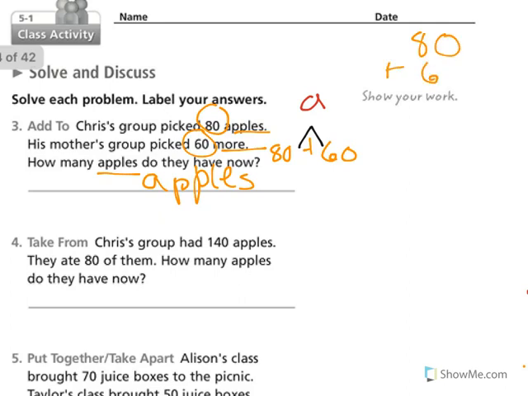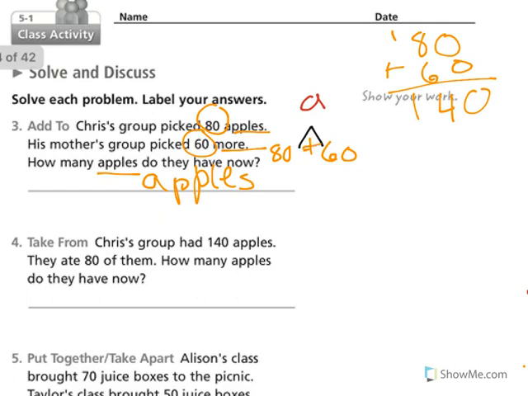0 plus 0 is 0. 6 tens plus 8 tens is 14 tens. I put the 4 down there. That 10 tens is joining the hundreds place. So we have 140.